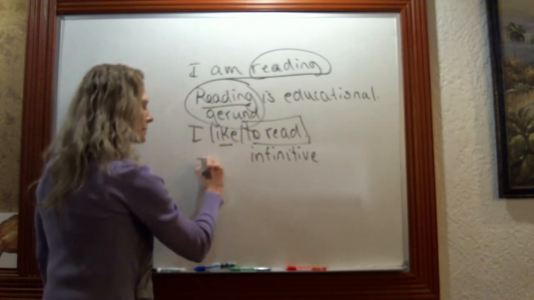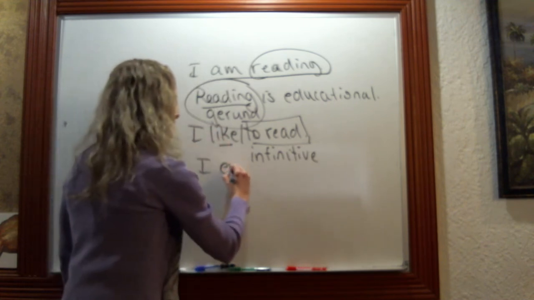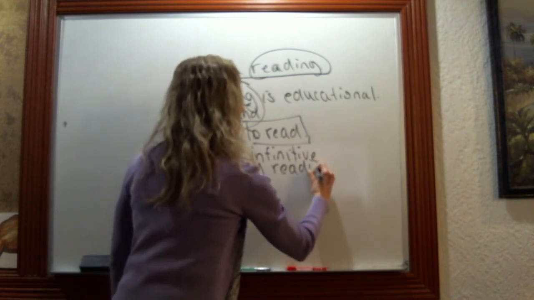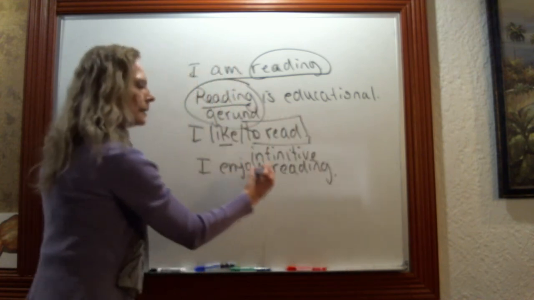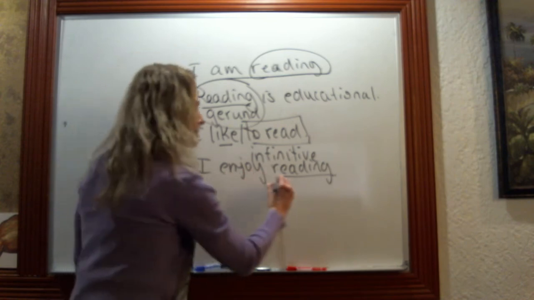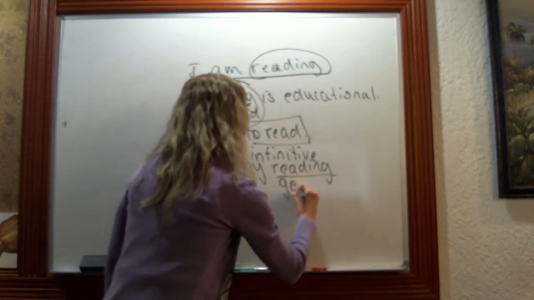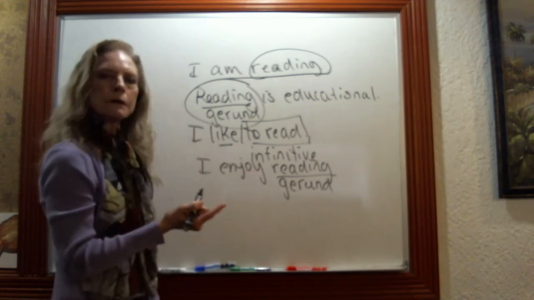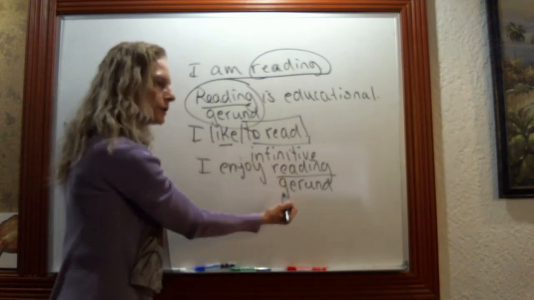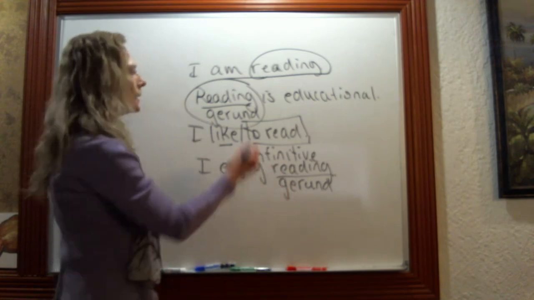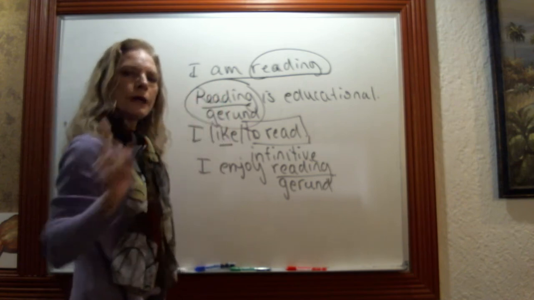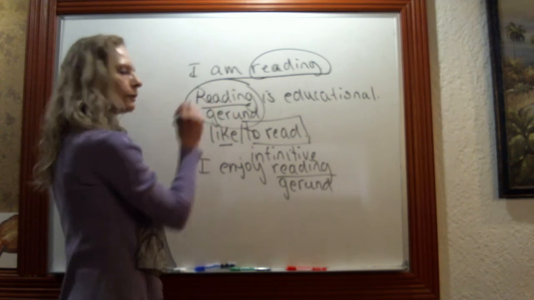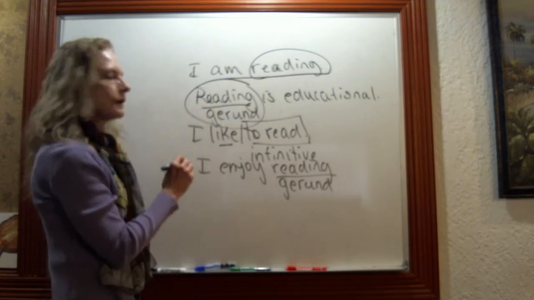So you can also say, I enjoy reading. So here you're saying this in a gerund form. It's answering the question, what do you like to do? Well, what do you enjoy? I enjoy reading. So in your vocabulary, your little practice here, you're going to have some grammar with the gerund and some grammar with the infinitive.